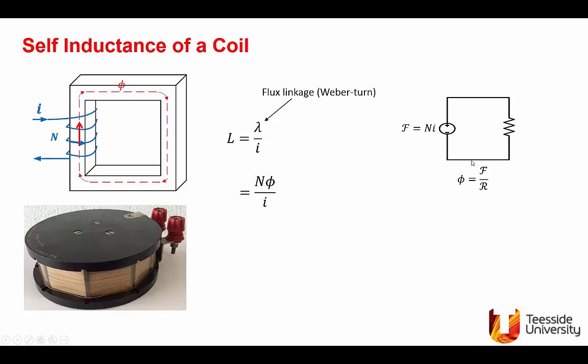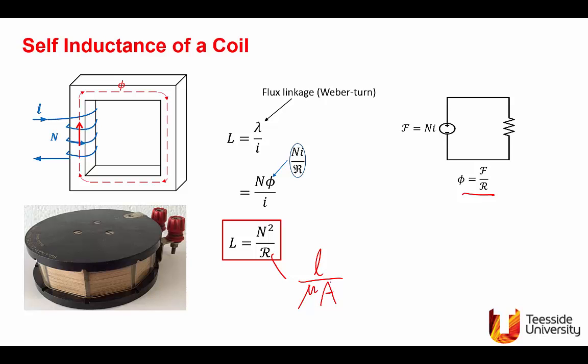But from here, phi is F over R, where F is Ni. That will give you N squared. I will cancel I. It will give you inductance N squared over R. Remember, R was the length of the magnetic path over mu naught mu R A. So this depends on the dimensions and the parameters of the coil.